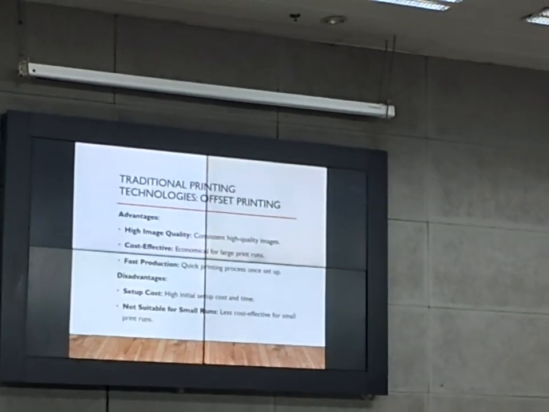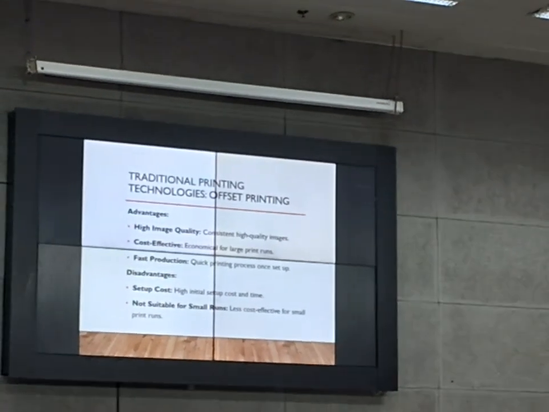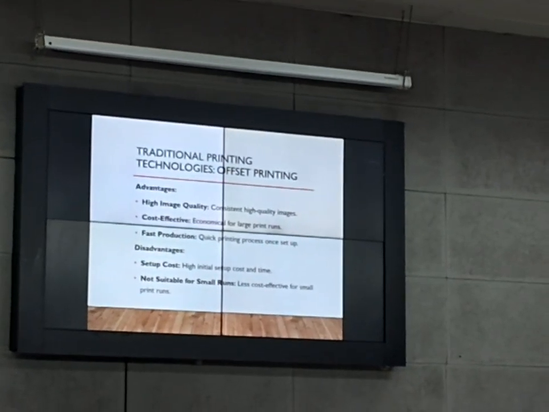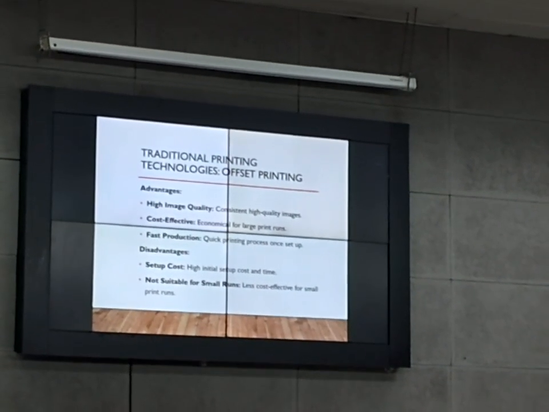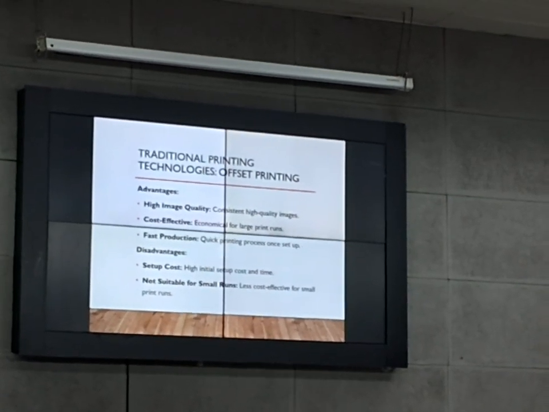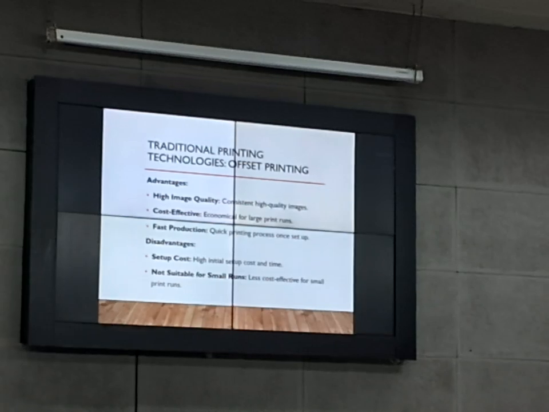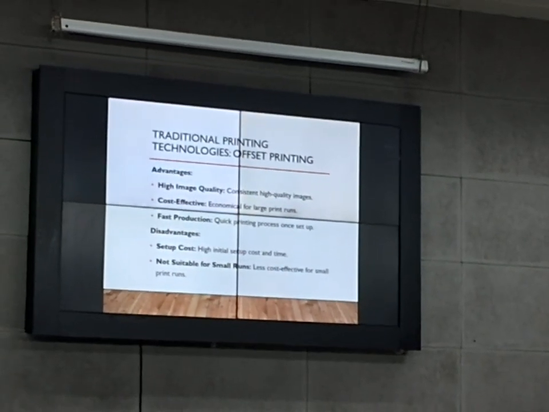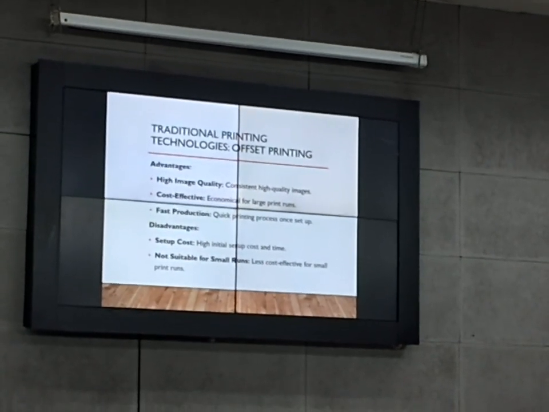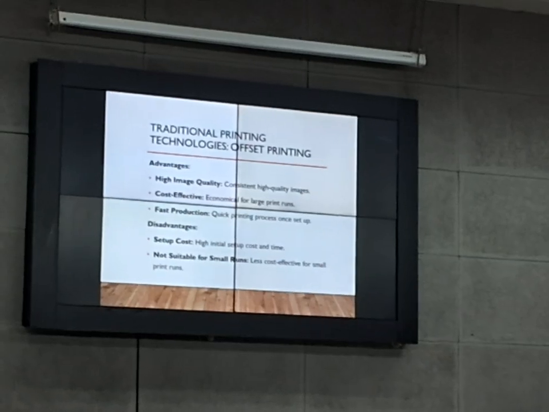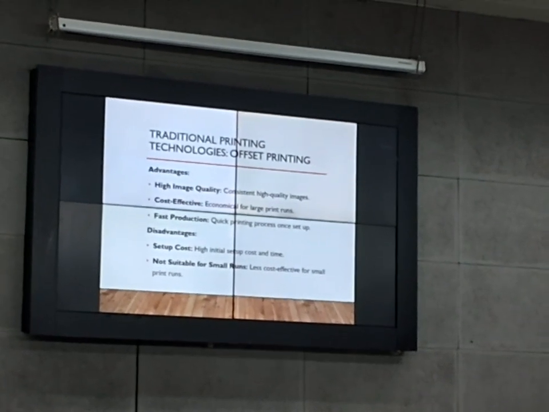Next. Some advantages: high image quality, cost effective, and fast production, because it can give impressions, as we have just seen with web offset printing for newspapers, at 80,000 per hour.